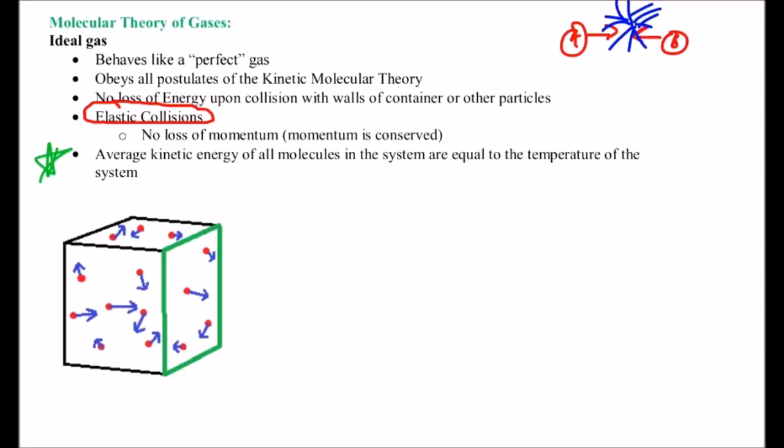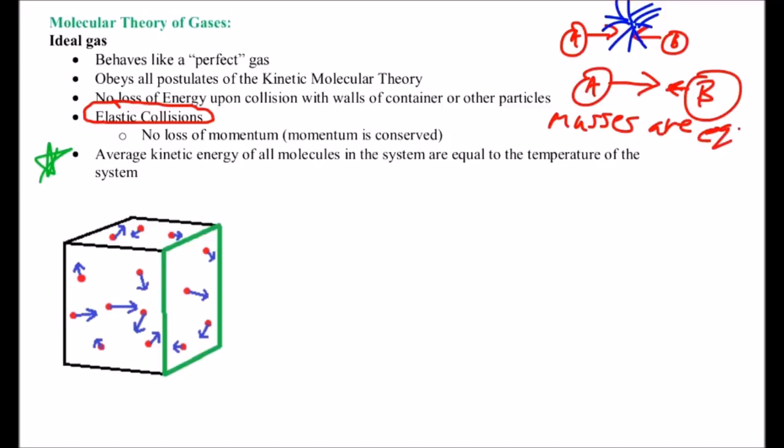However, if gas molecule A is moving at gas molecule B with a much greater velocity than B is, and we're going to assume, by the way, that their masses are equal in the scenarios that I'm describing right now, then they're going to have to trade velocity magnitudes with each other so that momentum is conserved.